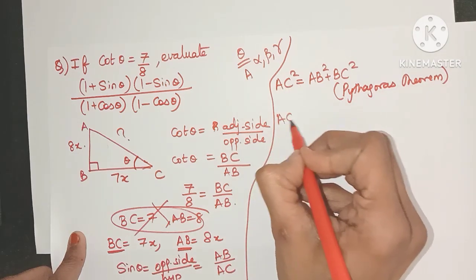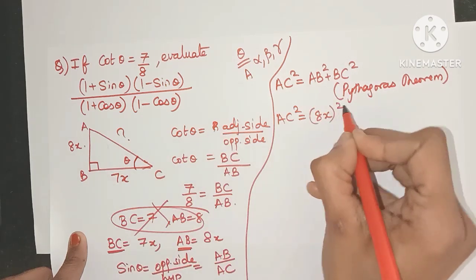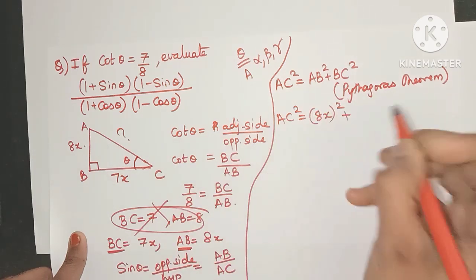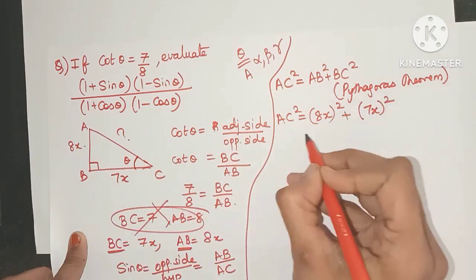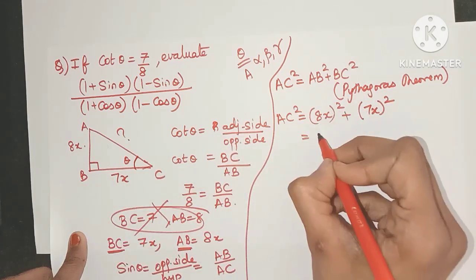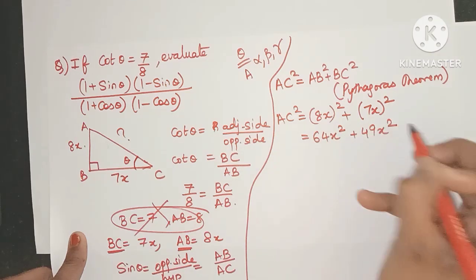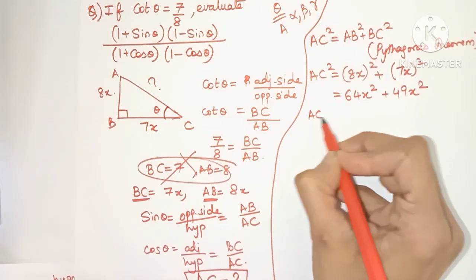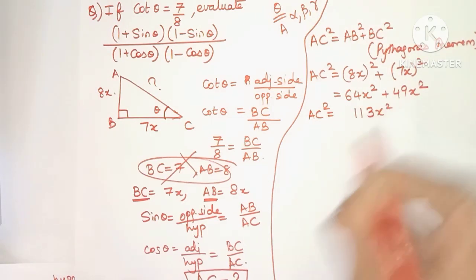Now, AC square, again we don't know. What is AB square? It is 8x the whole square. Remember to put the bracket, otherwise your answer will be incorrect. What is BC? 7x the whole square. Let me now bring the square inside. I'll get 64x square plus 49x square. So this means that AC square is going to be 113x square, friends.